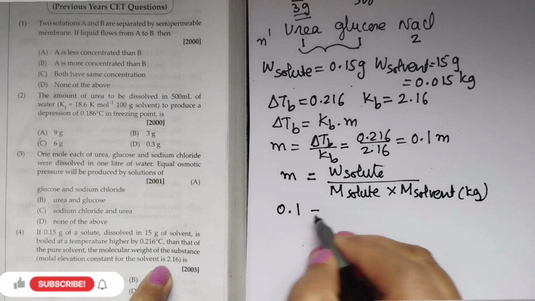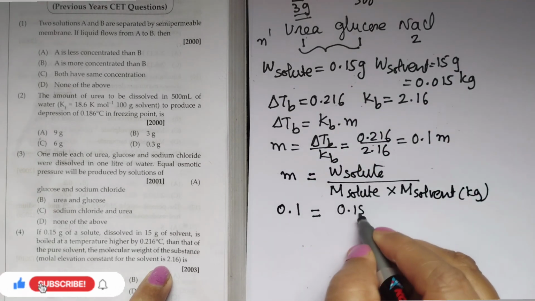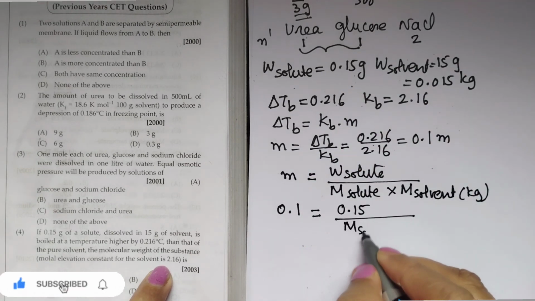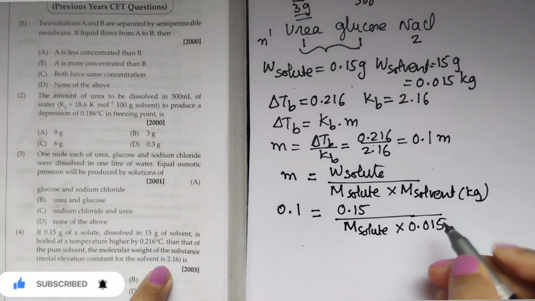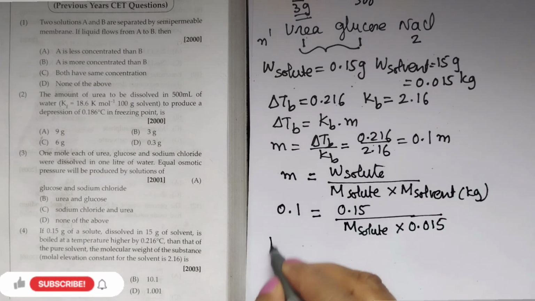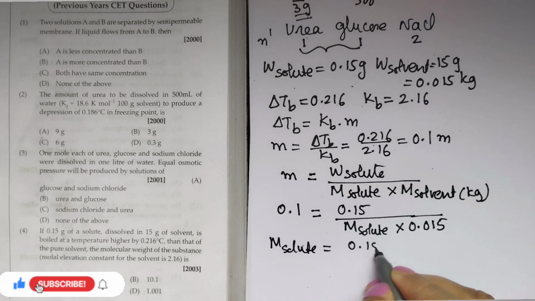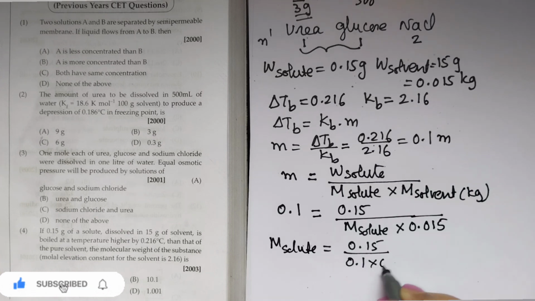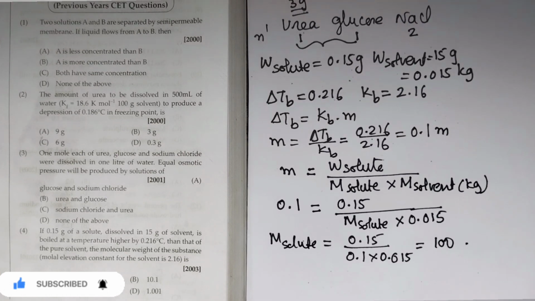Molality is 0.1, mass of the solute is 0.15 gram upon the molar mass of the solute, which you have to calculate, multiplied by the mass of the solvent, that is 0.015 in kg. After solving this, that will come to 100. So the molar mass of the solute is 100 gram. So the answer is the first option.